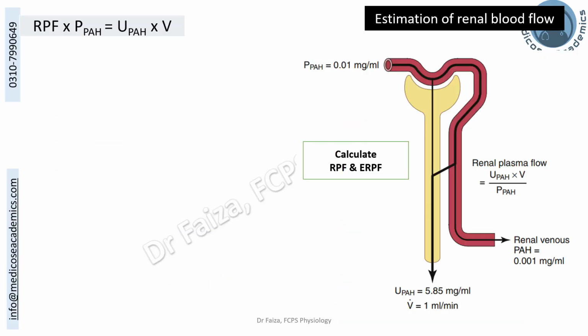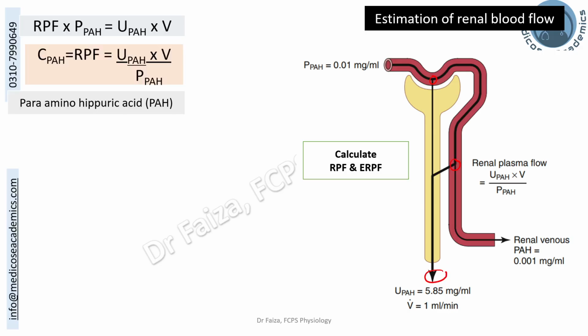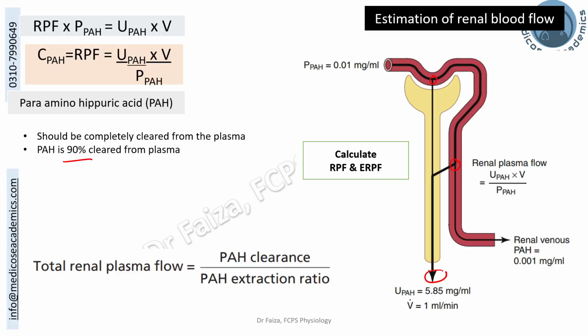Similarly, if we use a substance that is freely filtered, completely excreted, and not reabsorbed, the clearance of that substance will be equal to the renal plasma flow, and such a substance is para-aminohippuric acid. It should be completely cleared from the plasma, but para-aminohippuric acid is 90% cleared from the plasma. So the calculation we have, we call it effective renal plasma flow, and to account for the 10% which was not excreted, we can do a mathematical estimation.